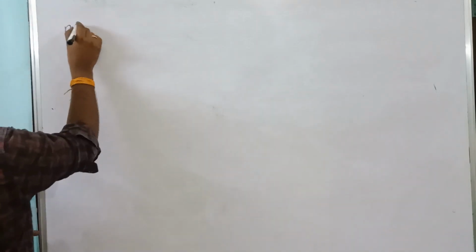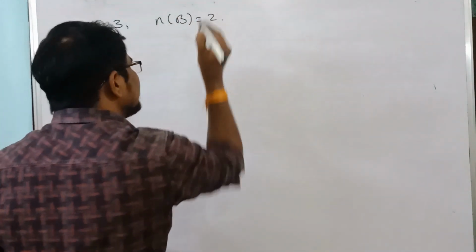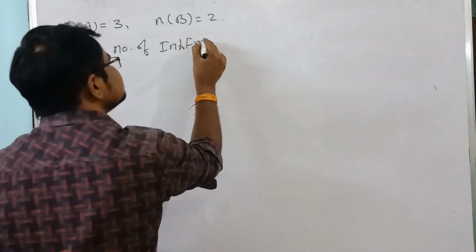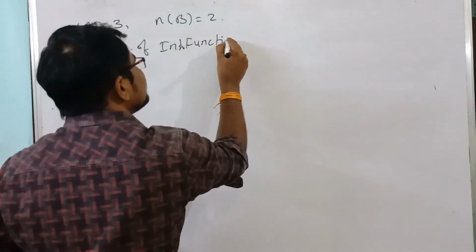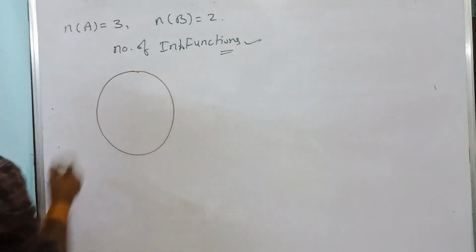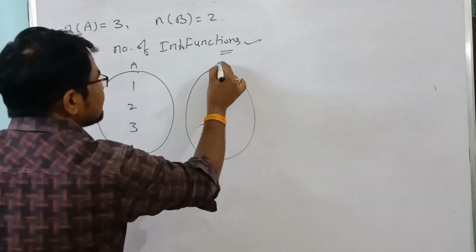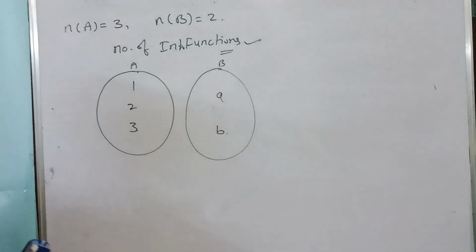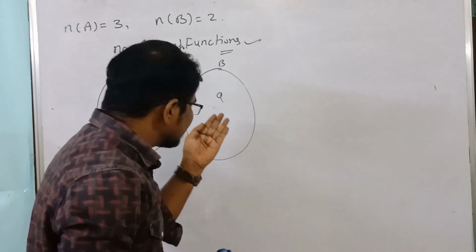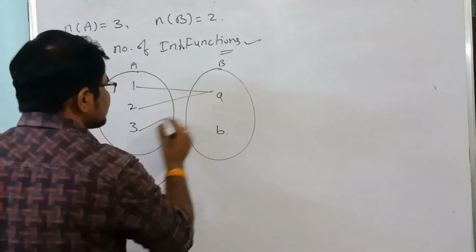First take n(A) = 3 elements and n(B) = 2 elements. We are finding the number of into functions. What are the possible into functions? This has A = {1, 2, 3} and this has B = {a, b}. An into function means at least one element in B has no pre-image in A. If you map like this, it is an into function.